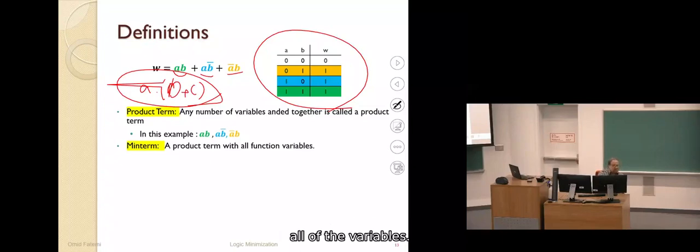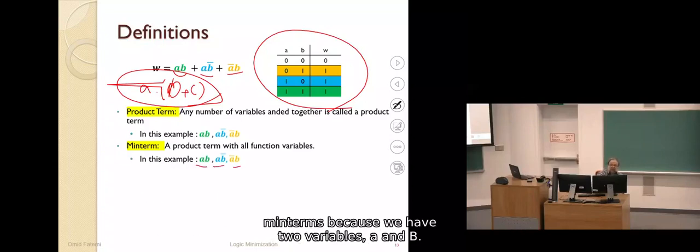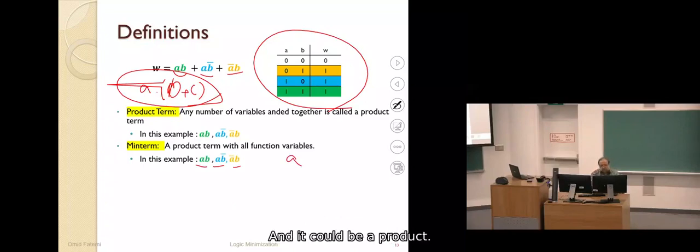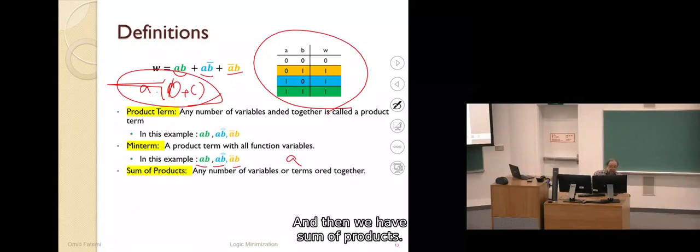Here, these are all min terms because we have 2 variables, A and B, and both of them are there. But for example, A is a product term because it is a term, but it is not a min term. It is another term. So a min term is this.